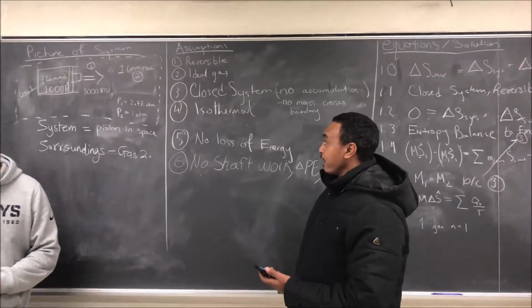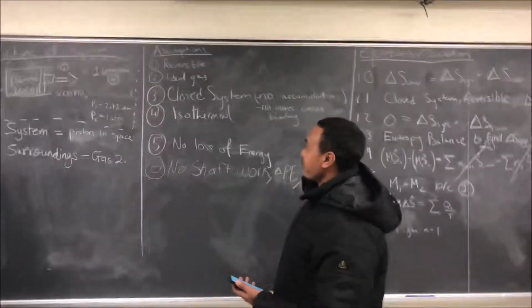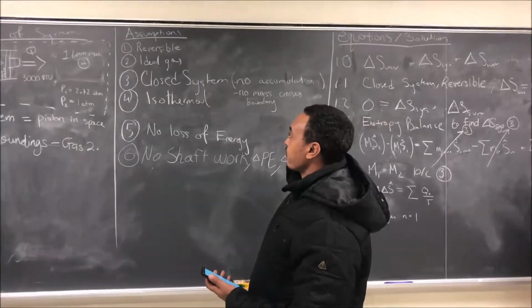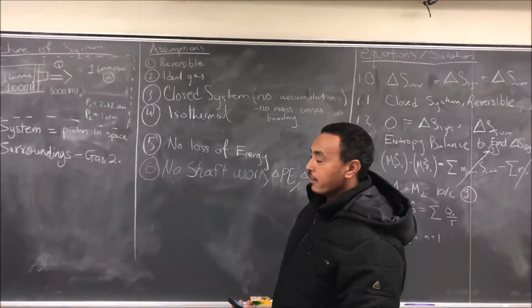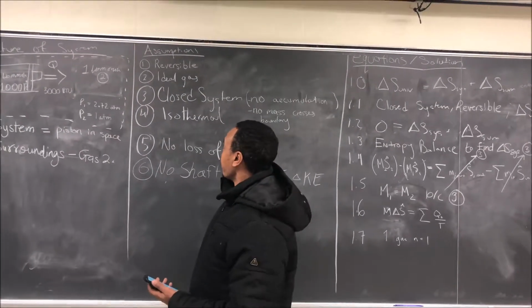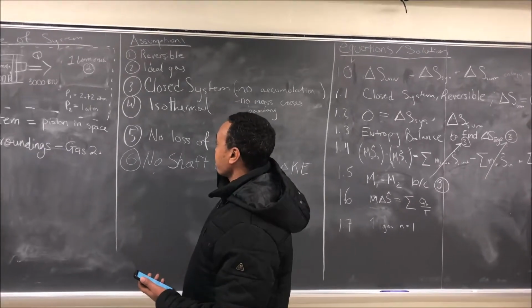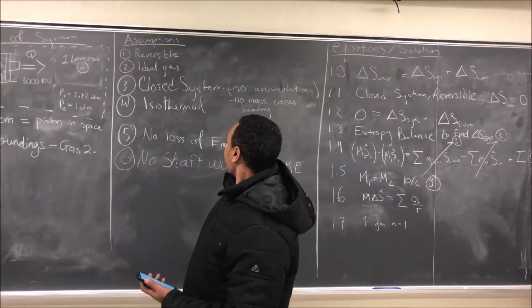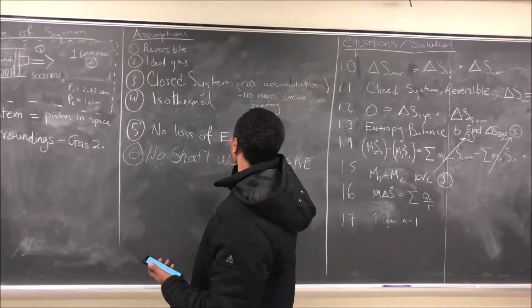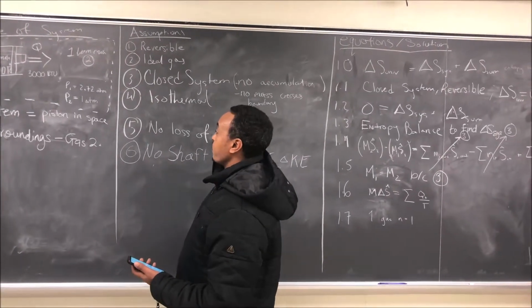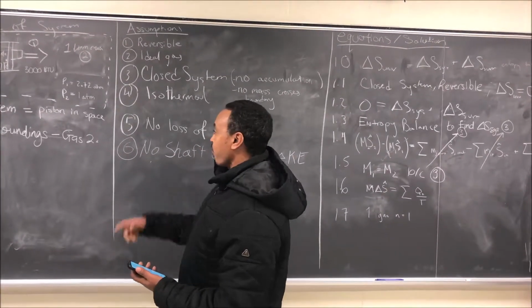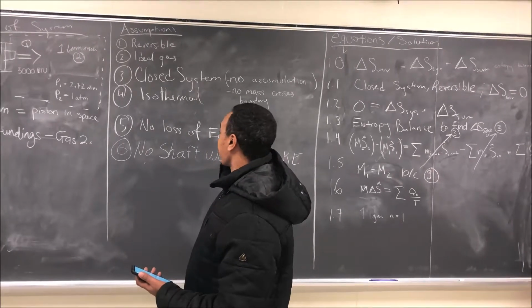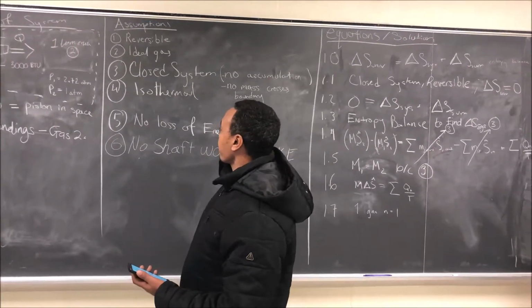I'm gonna talk about the assumptions that we make. The system is reversible, an ideal gas, and a closed system, so there is no accumulation and there is no in and out of materials in the system, and it's isothermal.